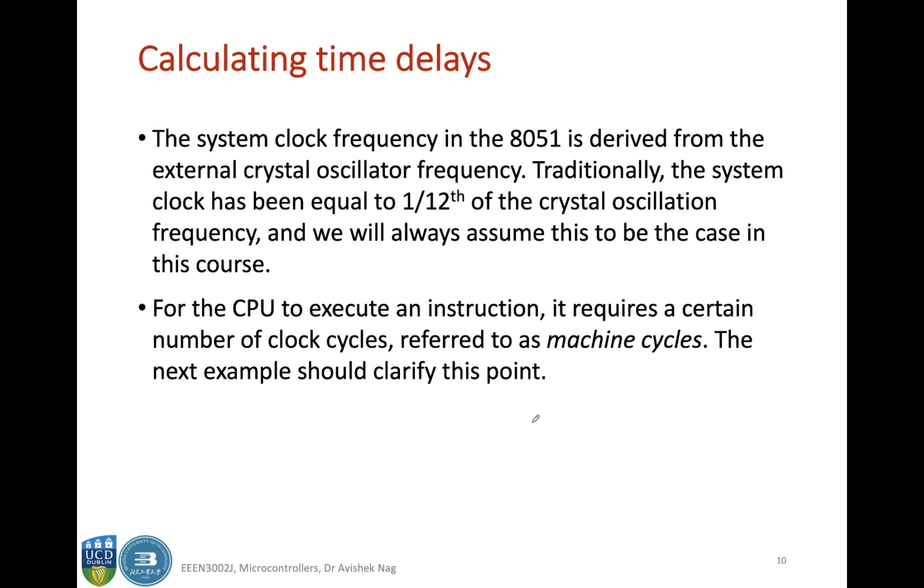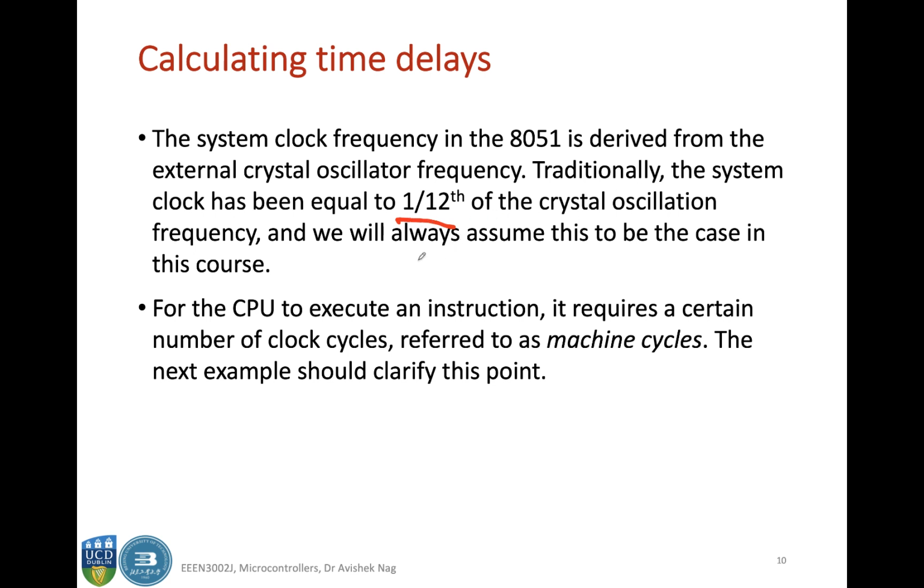As I said at the start of this lecture, one of the functions of the timers is to use them as delays. So let's see how we can calculate the delays. The system clock frequency in 8051 is derived from the crystal oscillator frequency, and traditionally the system clock is equal to 1/12 of the crystal oscillation frequency.